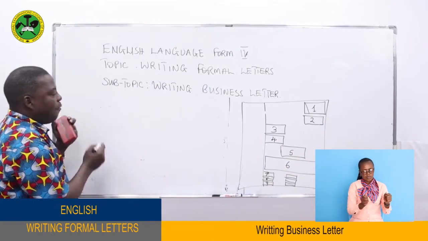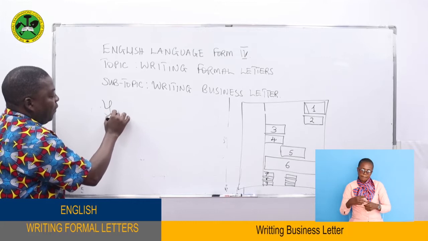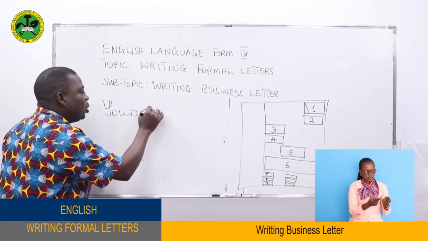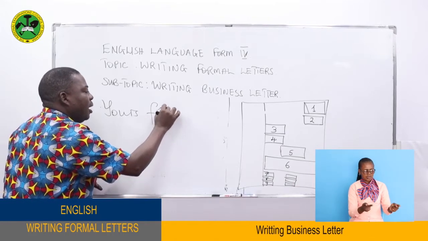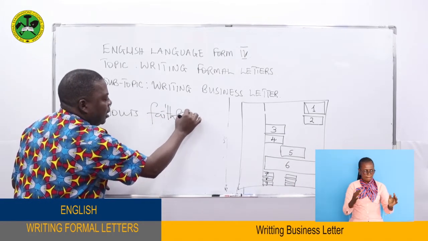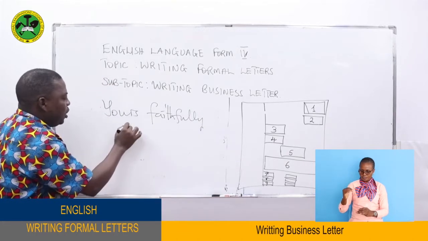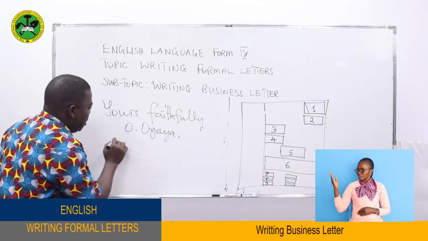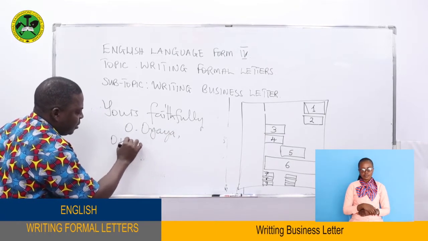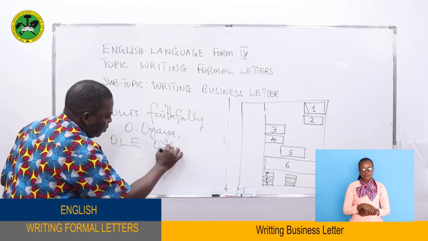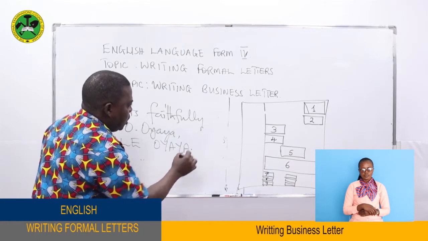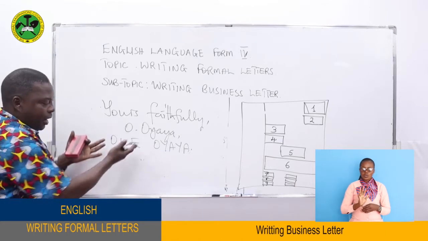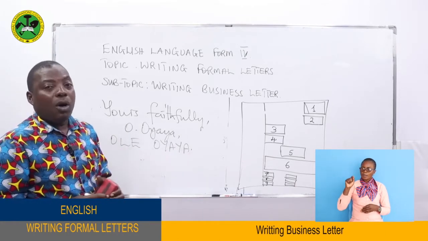So if I may demonstrate the way we write the three elements all together, that should read as something like this. So it is yours faithfully, a signature, and the name of the writer.